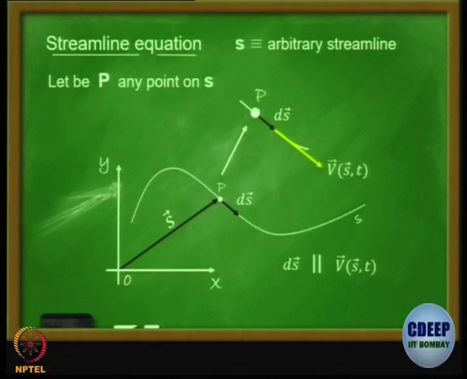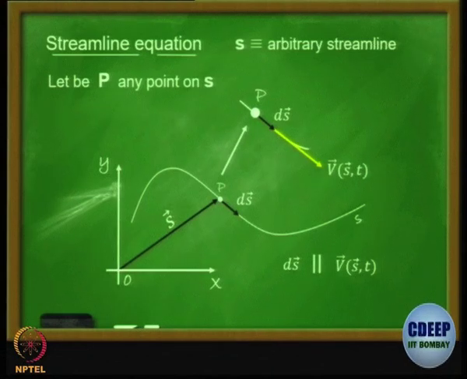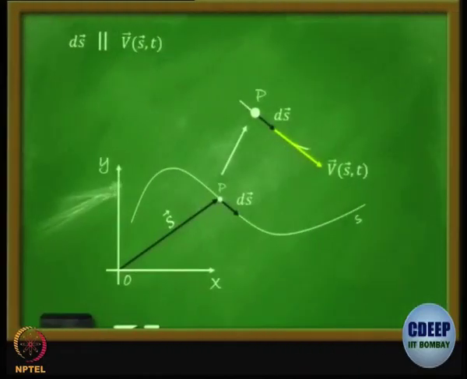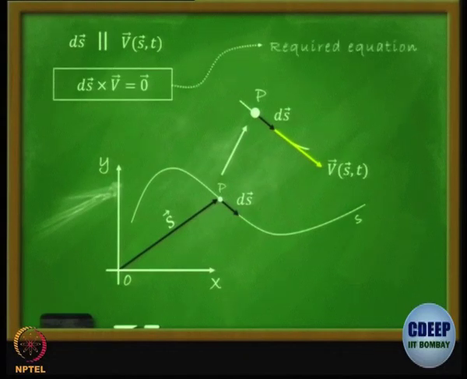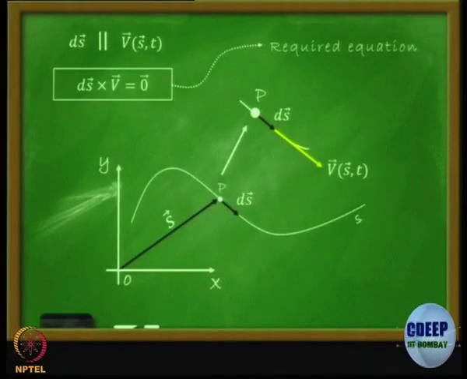So therefore ds has to be parallel to velocity. So the local elemental direction has to be parallel to the velocity at that particular time, correct. Which means the cross product will be 0 by definition. If two vectors are parallel, their cross product is 0. So we invoke that property and we say that ds cross V is equal to 0, but it is not a scalar 0, it is the 0 vector.